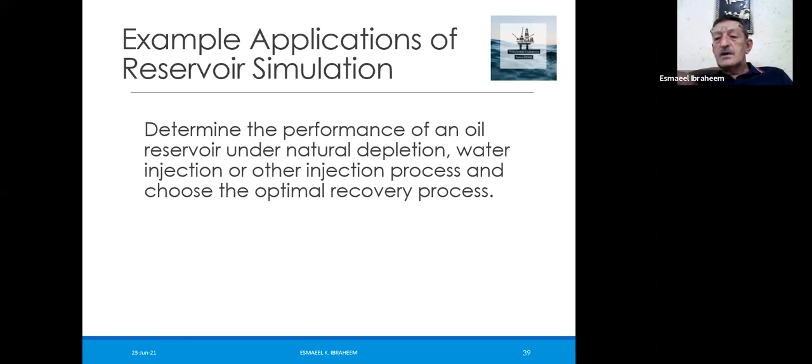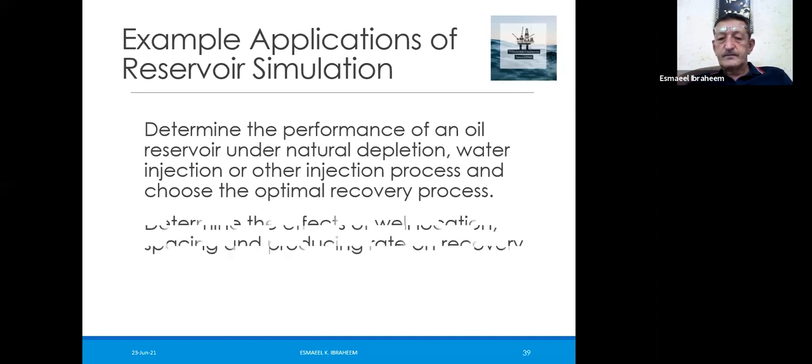Here, for the recovery process, we can also mention the EOR process, which is the best one to be chosen. Determine the effects of well location. What if you change the location of the wells? Do they change the performance or not? Spacing and producing rate on recovery.